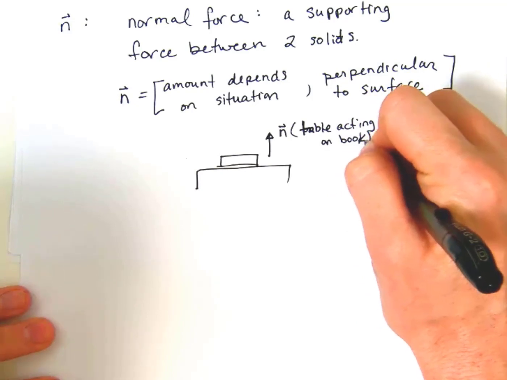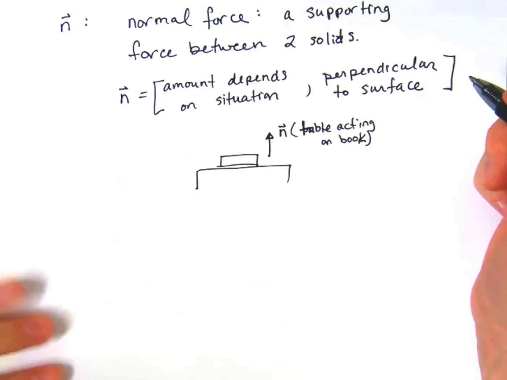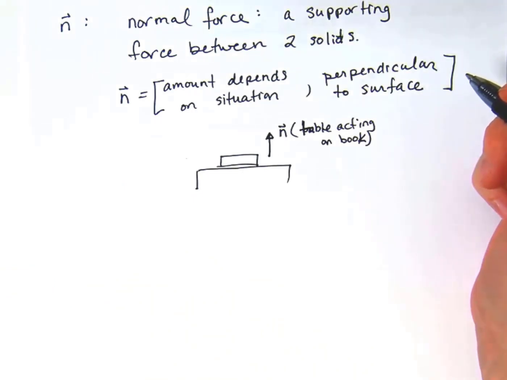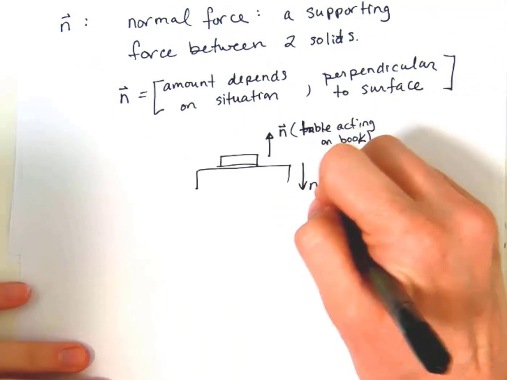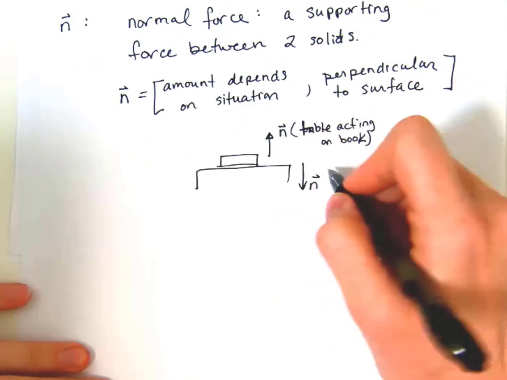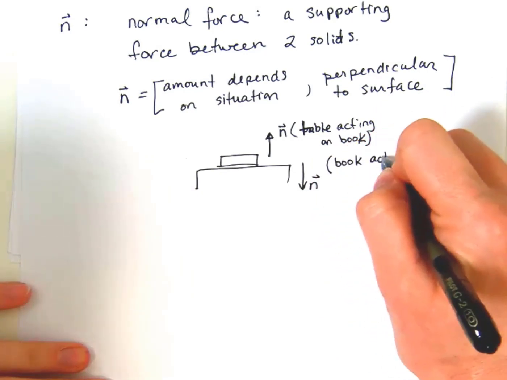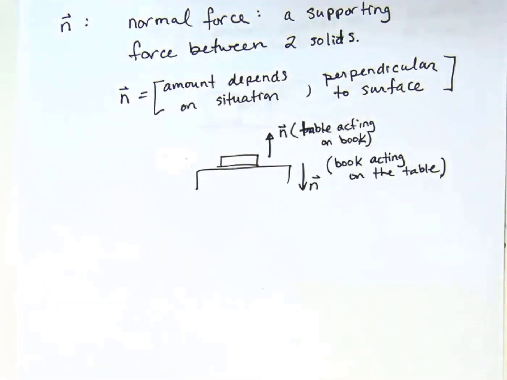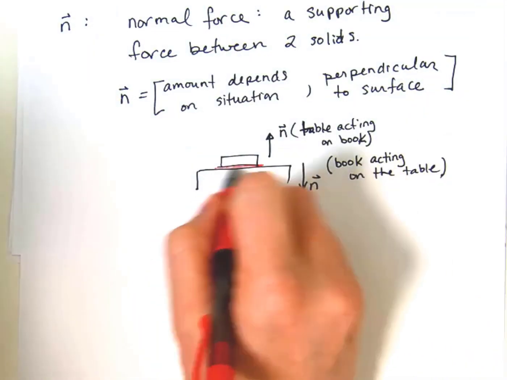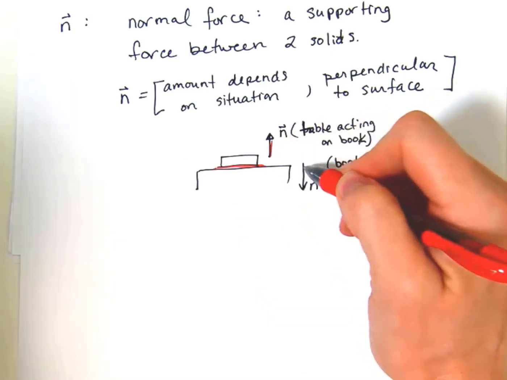And kind of like we discussed before, forces occur in pairs. So if the book is pressing on the table, the table is pressing on the book. So we could also say that there's a normal force that the table feels downwards, and that would be the book acting on the table. And you notice that the surface between them is horizontal, so the normal force has to be vertical.